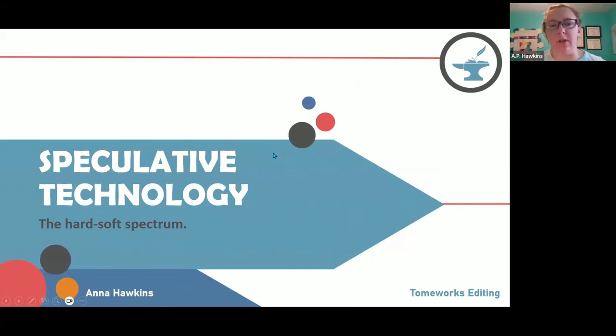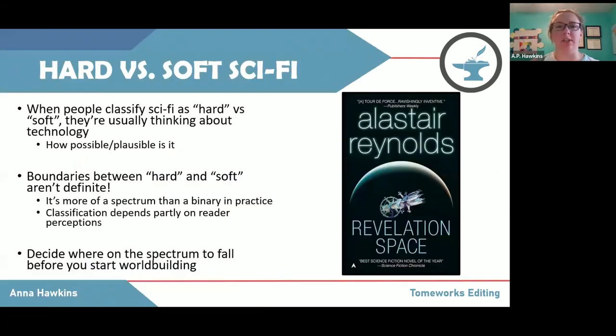So I'm going to start with speculative technology, specifically the hard-soft spectrum of technology. We generally categorize science fiction, especially, as hard versus soft. And again, usually when people are thinking about hard or soft sci-fi, they're thinking about technology. This has to do with how possible or plausible it is for fictional technologies to exist in the real world.